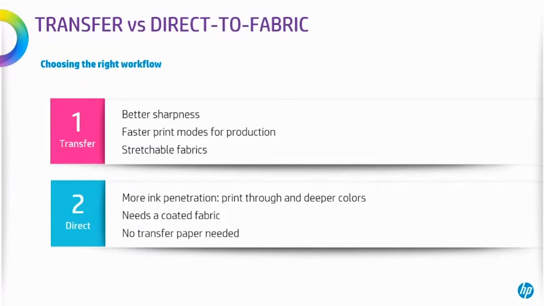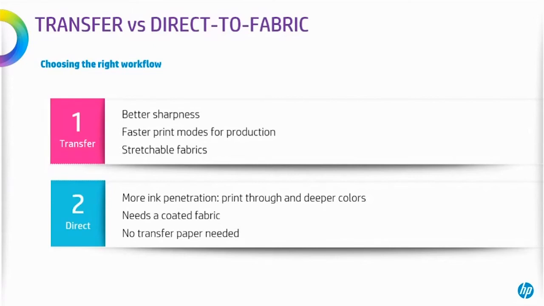So direct, there's more ink penetration, so you can add more ink, you can get the ink deeper into the material. So it's very good to get deeper colors. Now when I say deeper colors, the colors are going to look the same, but you're looking at that color deeper into the material, rather than when you paper transfer something, it's only going to transfer on the surface part of those fibers.